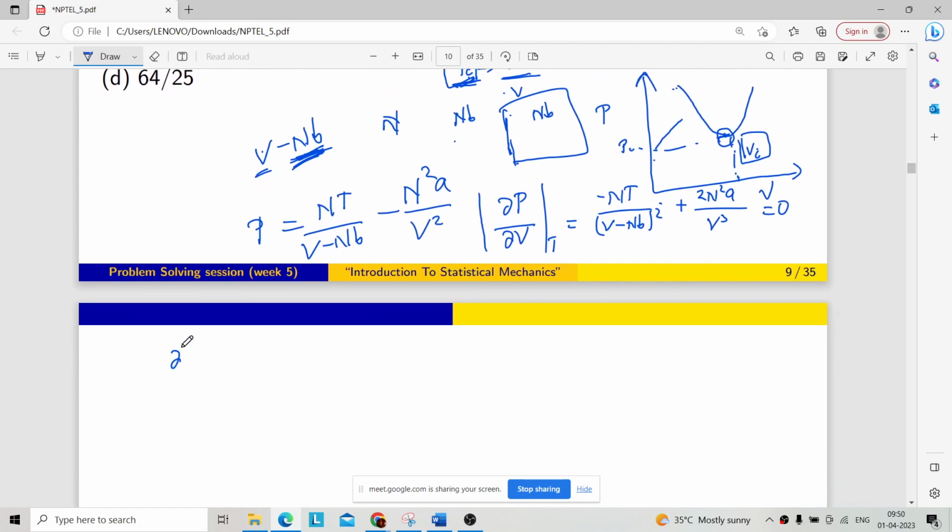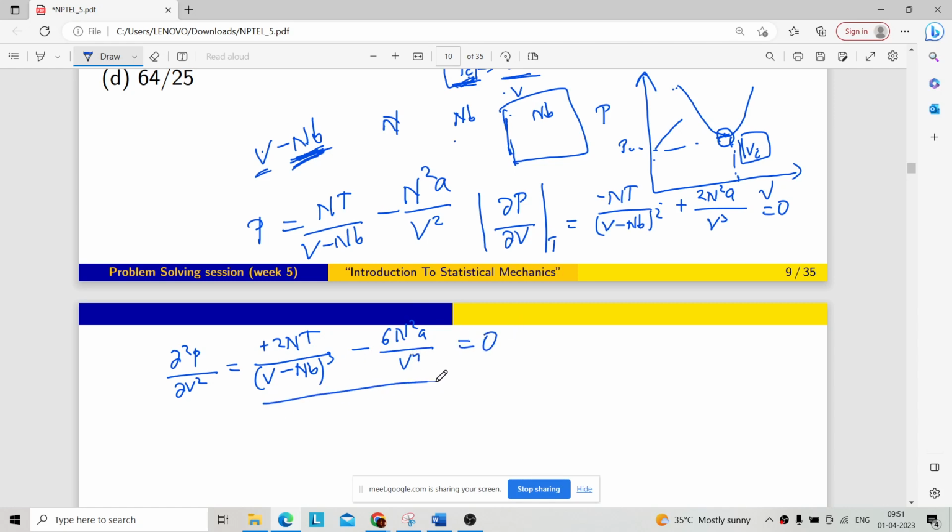And then I can find del square P over del V square, which will be minus minus plus, so plus 2NT, I am just applying the chain rule, V minus NB to the power cube, minus 6N square A over V to the power 4, which will also be 0.